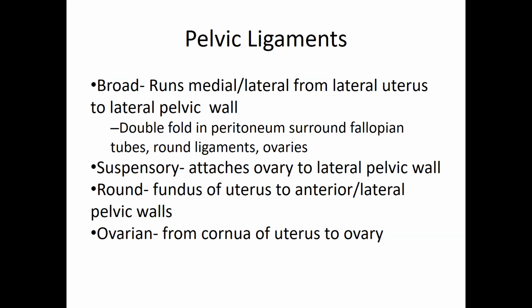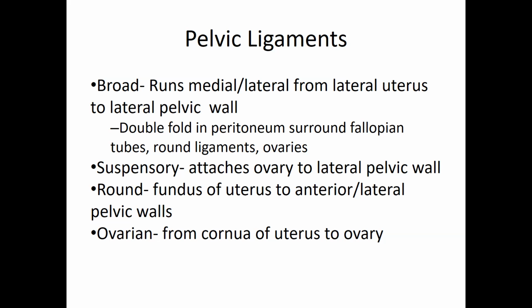We don't appreciate it that way when scanning. Instead, we see more of a hypoechoic tissue extending from the fundus of the uterus out laterally, and that's actually the suspensory ligament. So the broad ligament is a big sheet, the suspensory ligament is the more visible thing, but we call it the broad ligament in the real world, so they're used interchangeably.